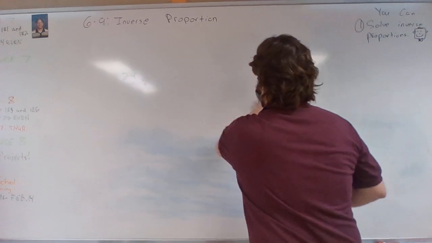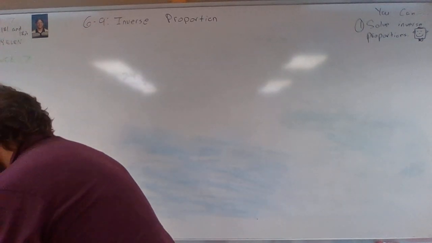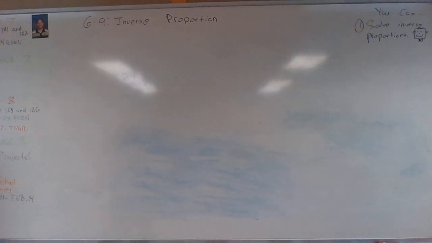Inverse proportions, on the other hand, are different in the sense that as one item increases, the other item decreases. So as one thing goes up, proportionately the other one's going to go down.